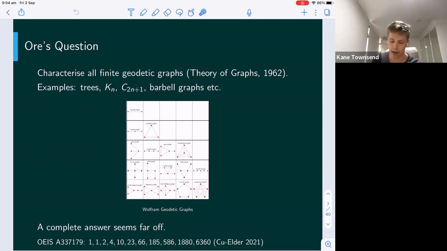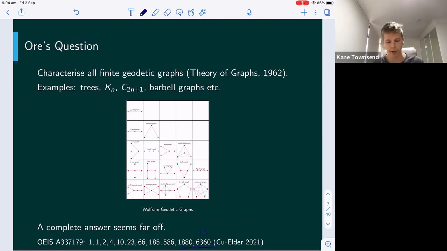My supervisor and his summer school student wrote a program and classified how many geodetic graphs there are for a given number of vertices, up to, I think, 11 vertices. I think their contribution was maybe just this one or an extra one here.